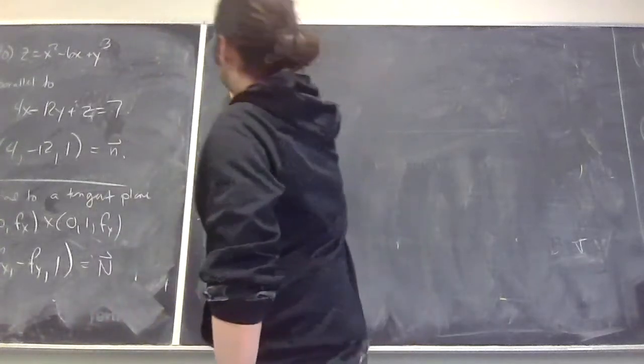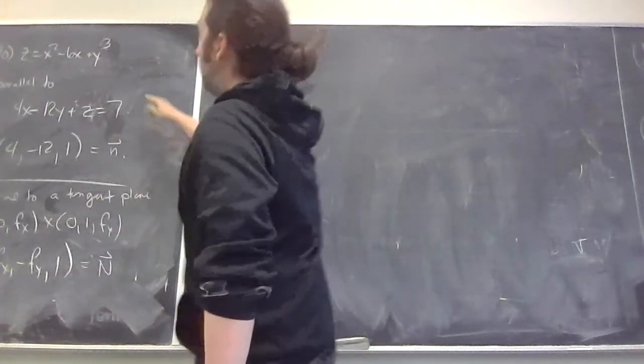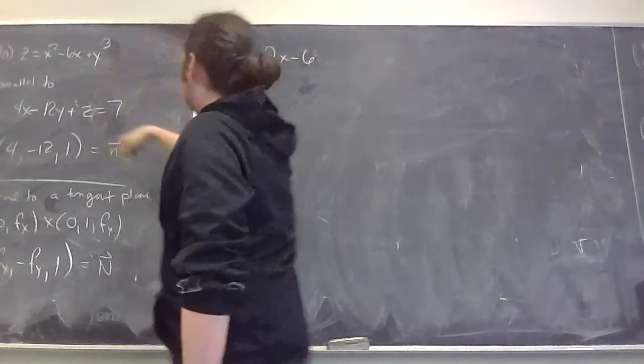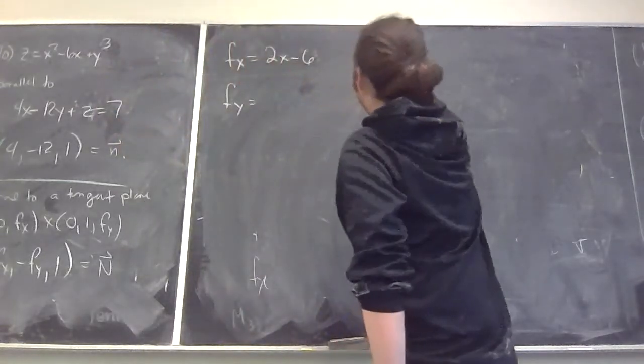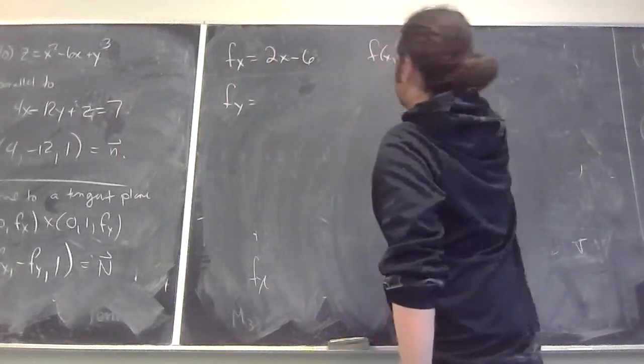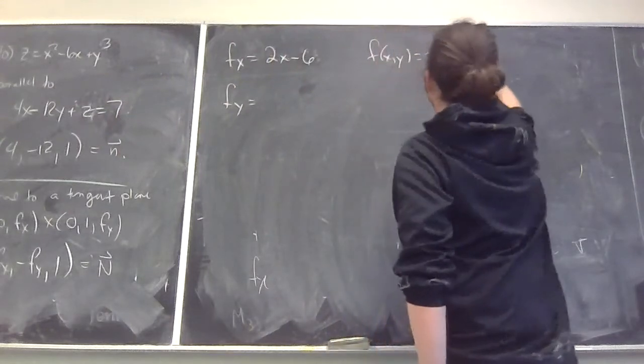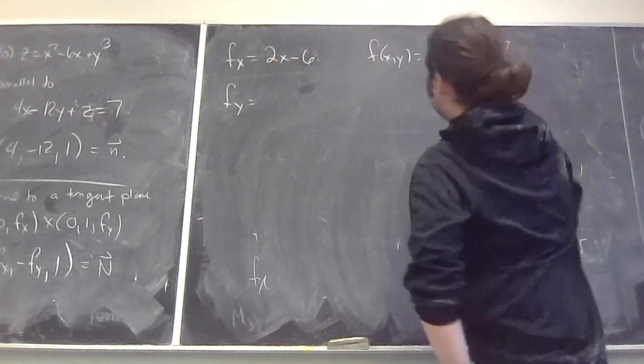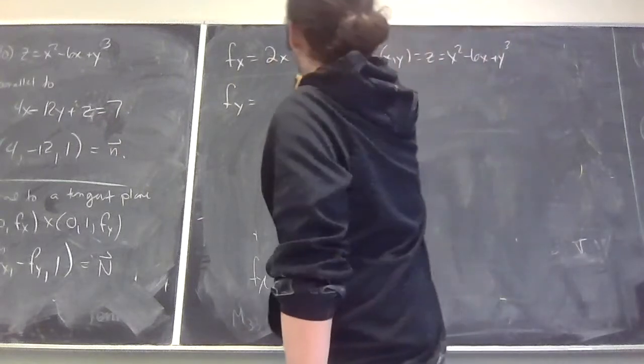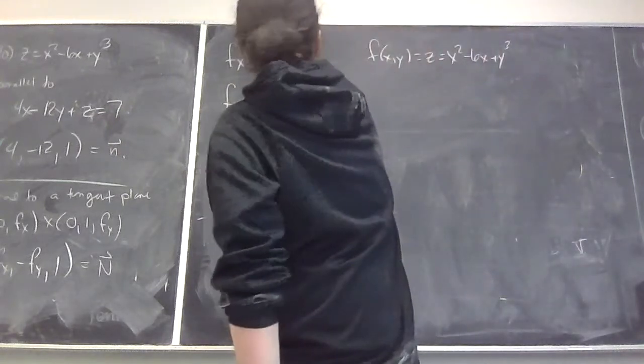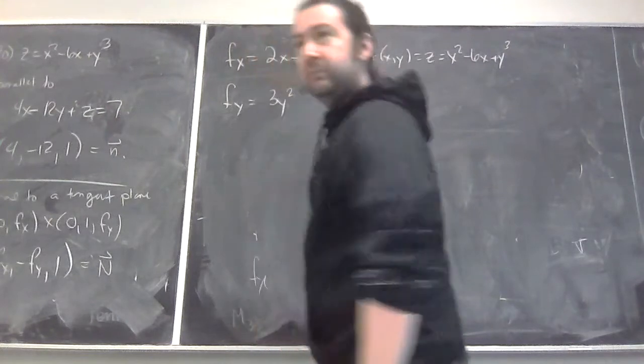What is fy? Remember, these are all relative to this surface, right? Here I'm thinking f of x, y is equal to z, which is equal to x squared minus 6x plus y to the third. So fx is 2x minus 6, fy is 3y squared.